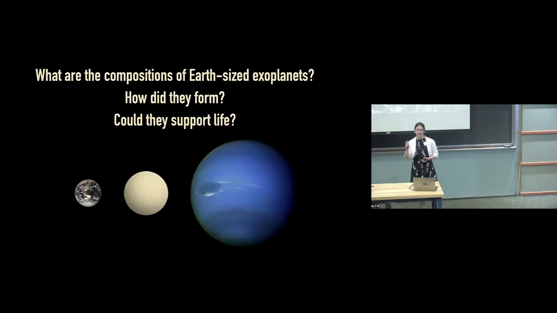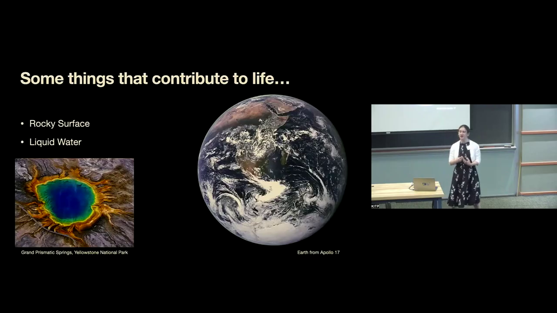But our science is not done. We would like to know, what are the compositions of Earth-sized exoplanets? How did they form? And could they support life? So some things that I care about that contribute to life are rocky surfaces and liquid water.